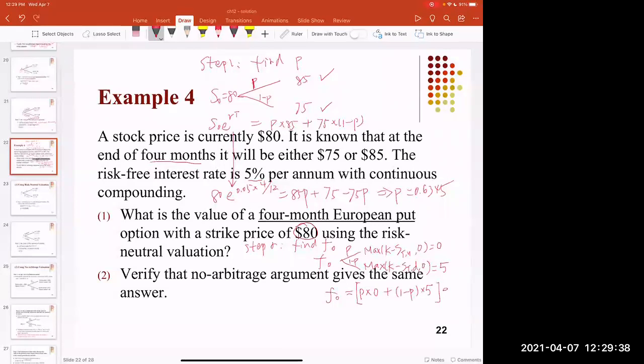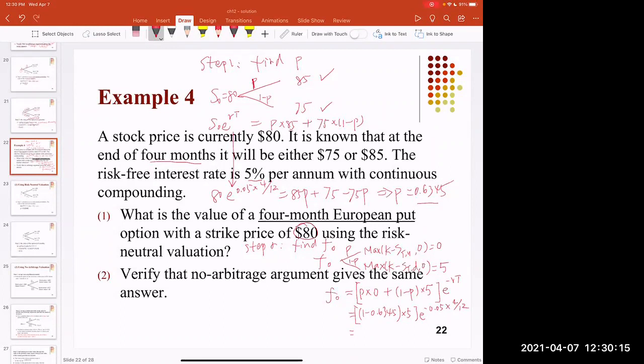So we have to discount the right-hand side back to time 0, so e to the negative rT. Right-hand side 0 times p is 0. 1 minus p, we know p is 0.6345. So 1 minus 0.6345, times 5. And this value, do continuous discounting with r 0.05. T is 4 months. So tell me what's the option value?